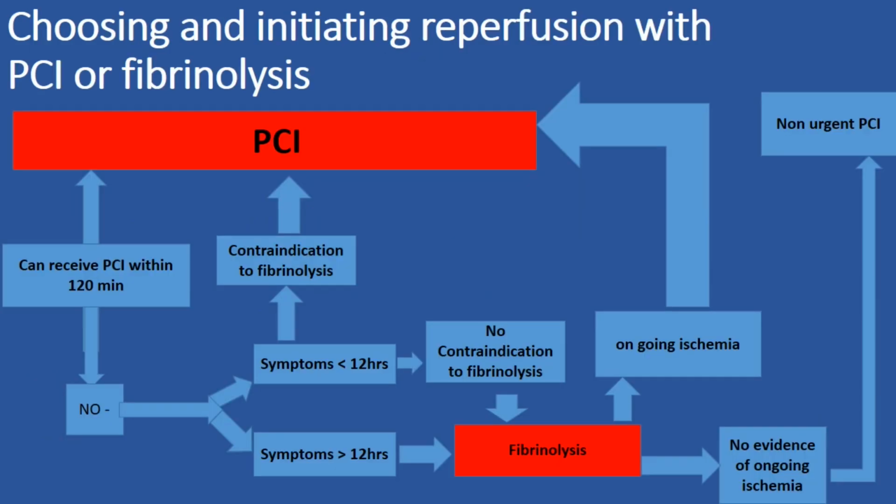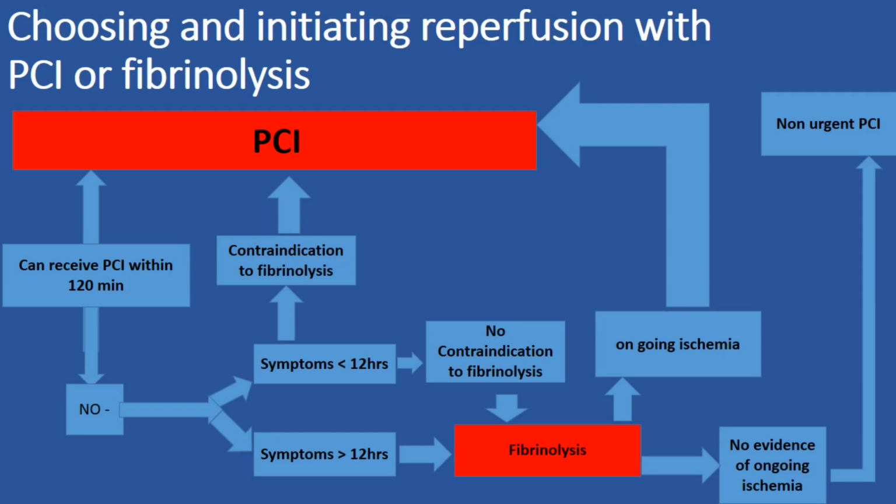What are the factors that influence initiating reperfusion therapy with PCI or fibrinolysis? The time is golden, as I mentioned earlier. If we can offer PCI within 120 minutes after the presentation to the hospital or ETU, you should definitely go for PCI.